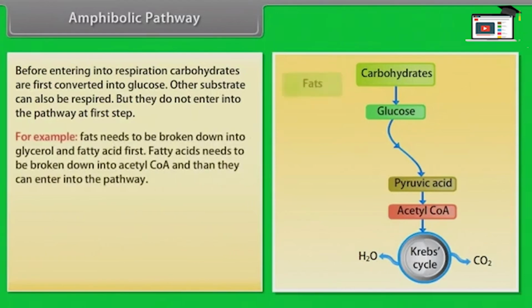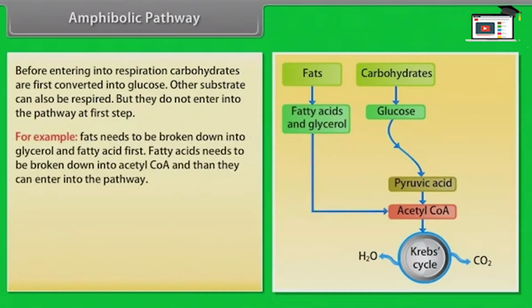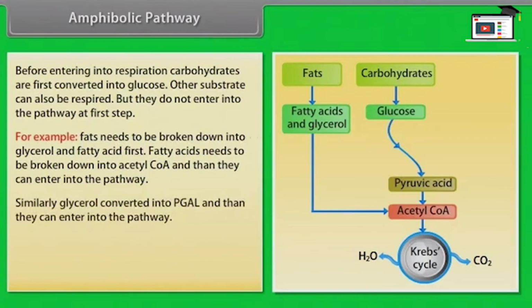For example, fats need to be broken down into glycerol and fatty acids first. Fatty acids need to be broken down into acetyl CoA, and then they can enter into the pathway. Similarly, glycerol is converted into PGAL, and then it can enter into the pathway.